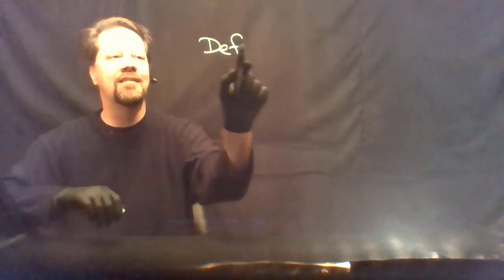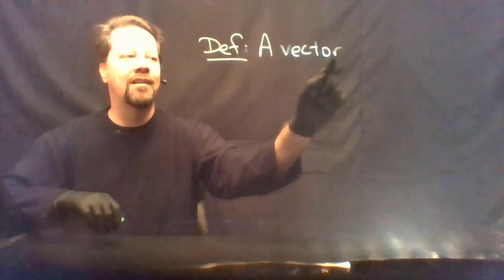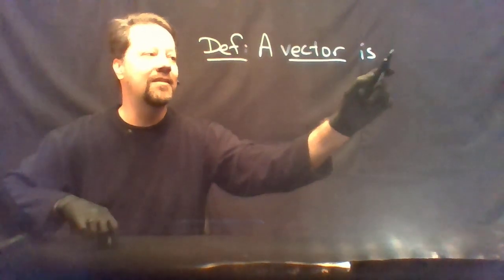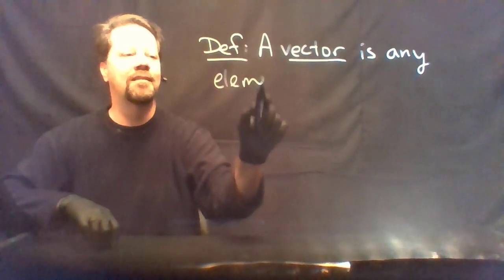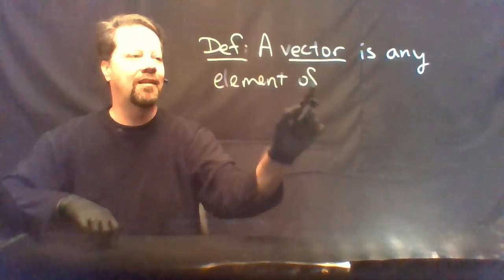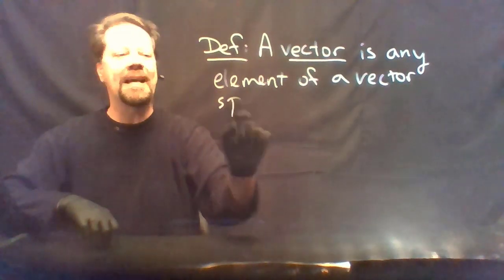These geometric notions are not at all satisfactory for the work that we are about to embark upon. We'll need something a little more abstract. What is a vector? Well, by definition, a vector is any element of a vector space.